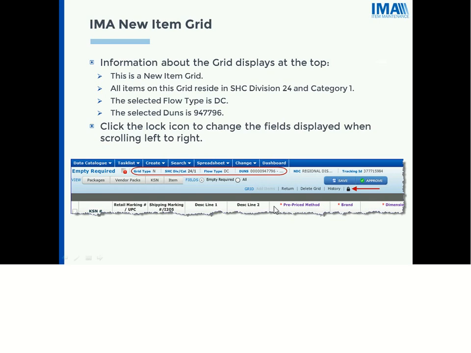And that works great if you have a screen with a larger resolution. If you're working on something smaller, like a small laptop screen, you may need to unlock by clicking the lock icon so that you can actually scroll across your entire screen, because otherwise you may only see 1 or 2 fields over to the right. So that's what the lock icon does.